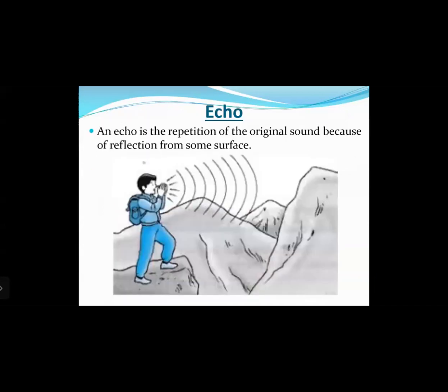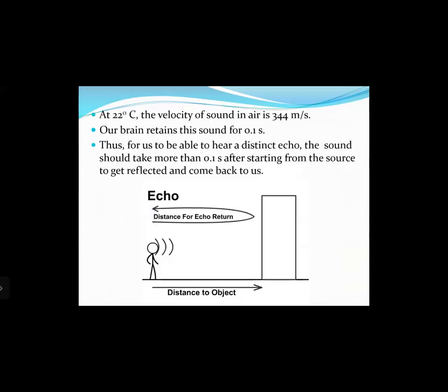Next, one of the important phenomena that we have studied relating to reflection of sound is called an echo. An echo is a repetition of the original sound because of reflection from some surface. At 22 degrees Celsius, the velocity of sound in air is 344 meters per second. Our brain retains this sound for a time interval of 0.1 seconds.